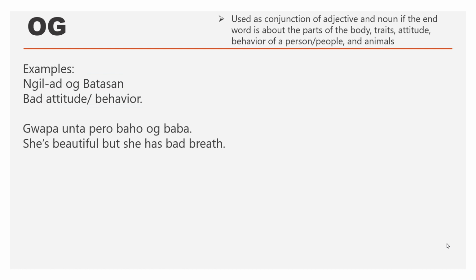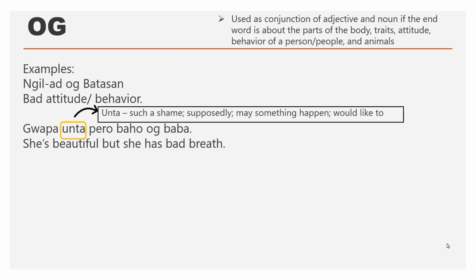Another example is guapa unta pero baho og baba. This is quite long, so let me break this down. Guapa is beautiful. Unta is such a shame, or supposedly, or would like to. In this case, the meaning of unta in this phrase is such a shame.